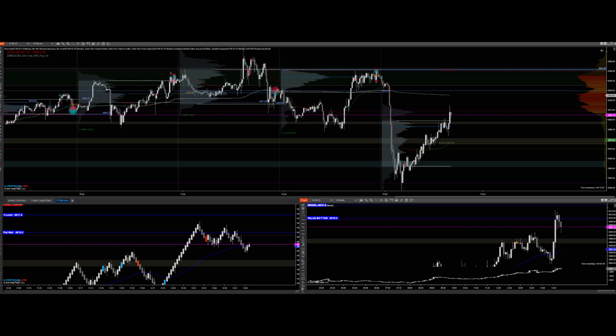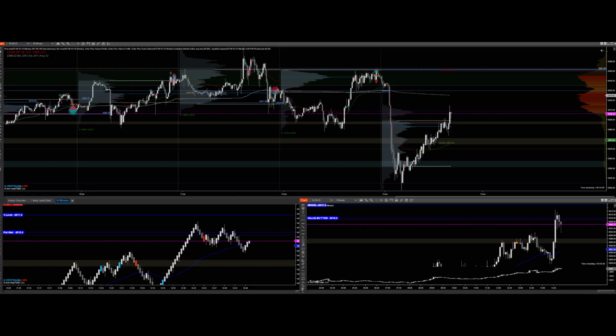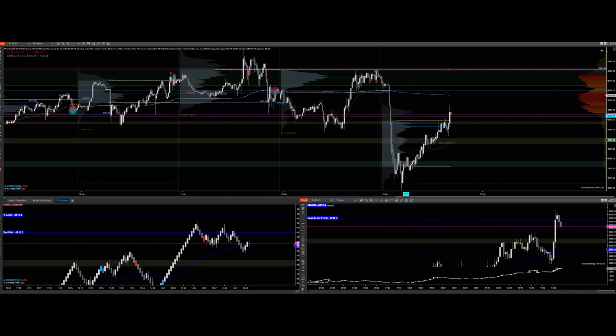I still believe the price is moving very, very slow. We have a very narrow opening range. Lots of indecision at the moment. No real precise movement or direction. Also, we are still trading this volume node right here.